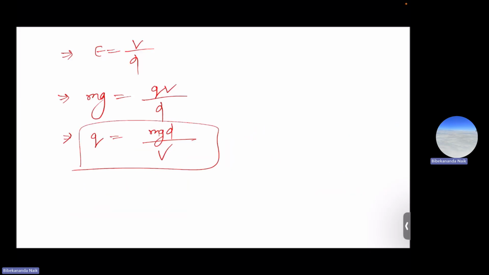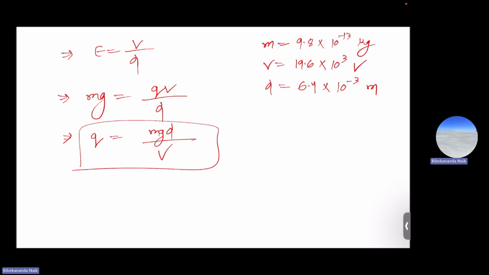So we know the values. m is given in the question, it is 9.8 × 10^-13 kg. Then V is also given. V is 19.6 × 10^3 volt, because it is given in kilovolt, and the distance between the two plates is 6.4 mm, so 6.4 × 10^-3 meters.